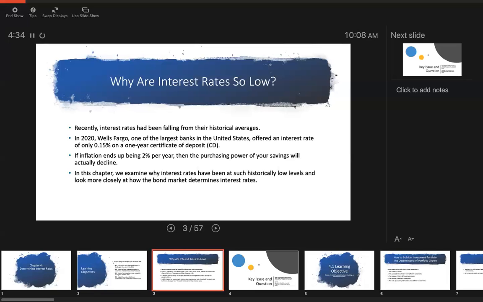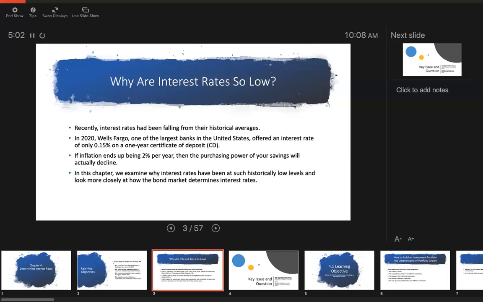If you're getting 0.15% as a nominal interest rate on your deposit, and the inflation ends up being about 2% in the economy, in real terms your purchasing power is going down over time, right? Because an inflation rate of about 2% indicates that all the goods and services that you want to buy in the economy are getting more expensive by about 2% a year, but your wealth is only growing at 0.15% per year.